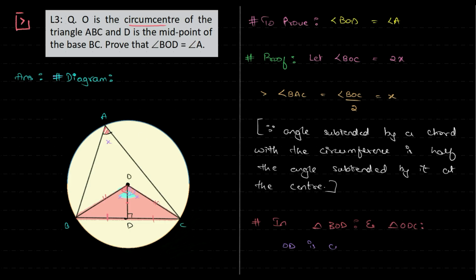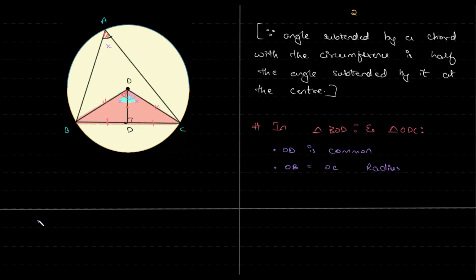What do we have? OD is common. OB is equal to OC because they are radii. Then we have BD is equal to DC as D is the midpoint.